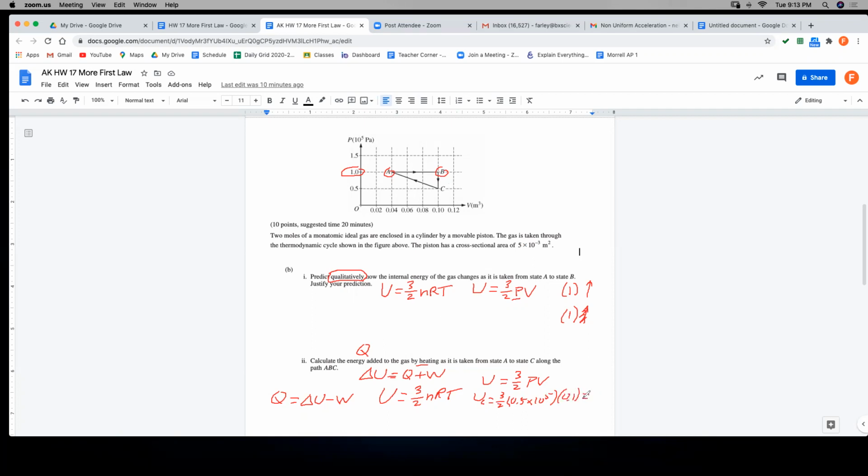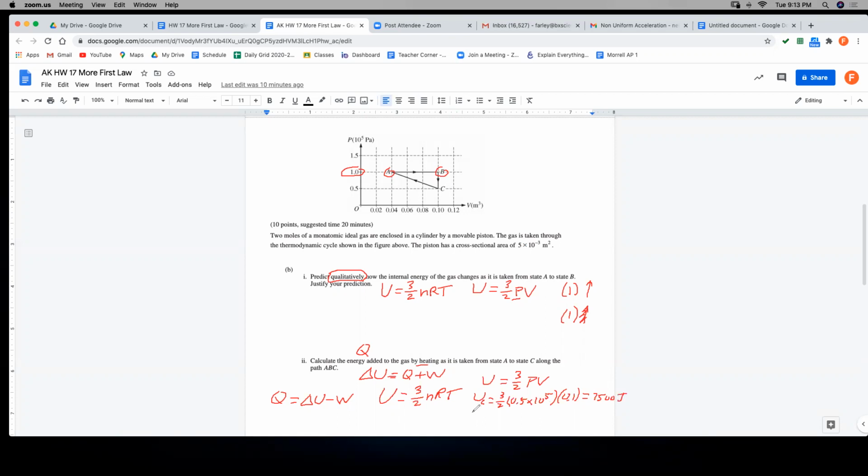So 0.5 times 10 to the 5th is 5 times 10 to the 4th, which is 50,000, times 0.1 is 5,000, times 3 halves is 7,500. So that's U at C.